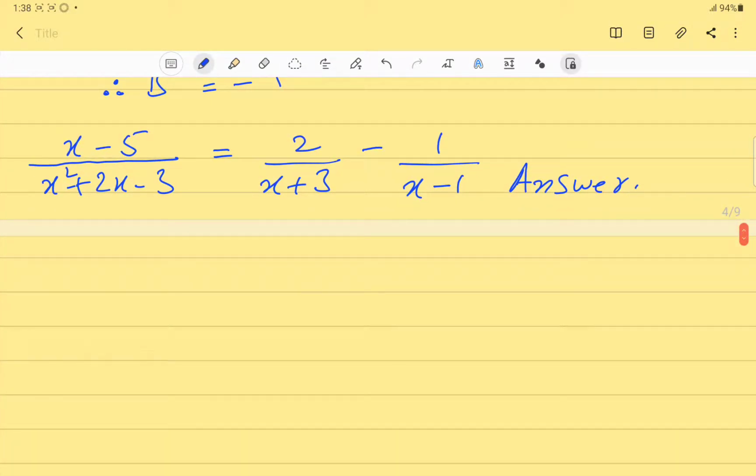Now we move on to our fifth question. The fifth one is 3x plus 3 over x minus 1 into x plus 2.